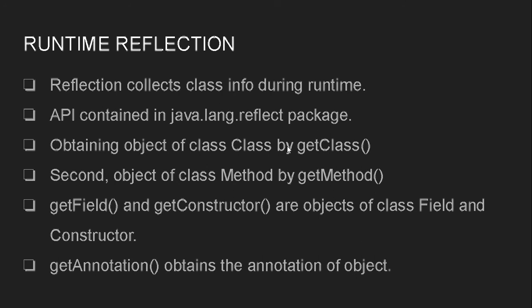Then, if you want to get the object of the Method class, Method is also a class defined in Java, inside the java.lang.reflect package. You can access it by using getMethod.